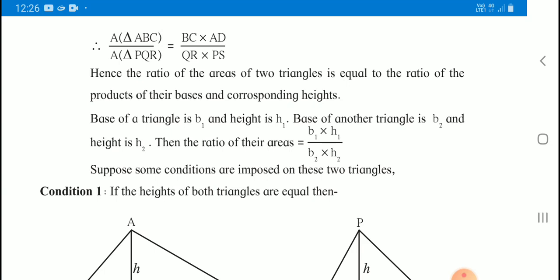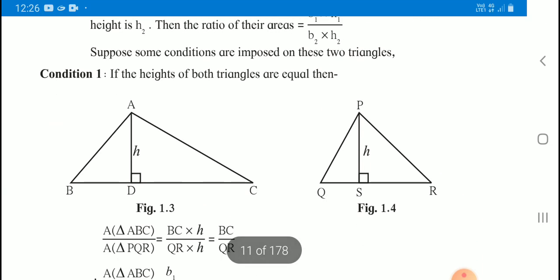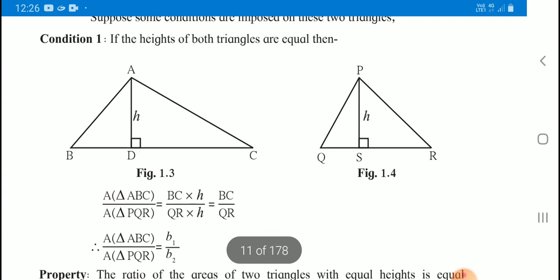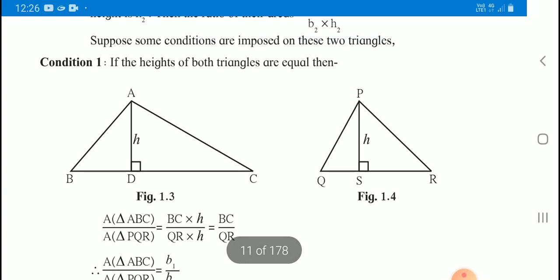Now we will see condition 1. If the heights of both the triangles are equal, then we will get the ratio of areas of two triangles as B1 upon B2. Or we will see here. Here they have given the two triangles ABC and PQR.